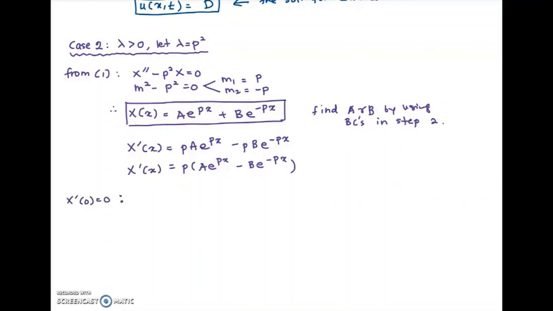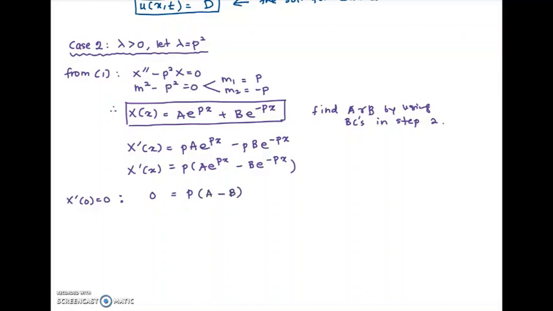At the left, we have 0. At the right, we need to put x equal to 0. So what happened to the exponent? It becomes 1, because you have exponent of 0 times p, which is 1. So you have p, and in the bracket, you have a minus b.